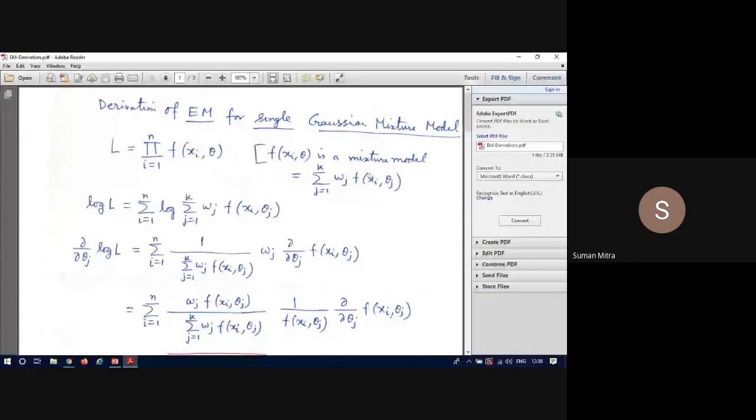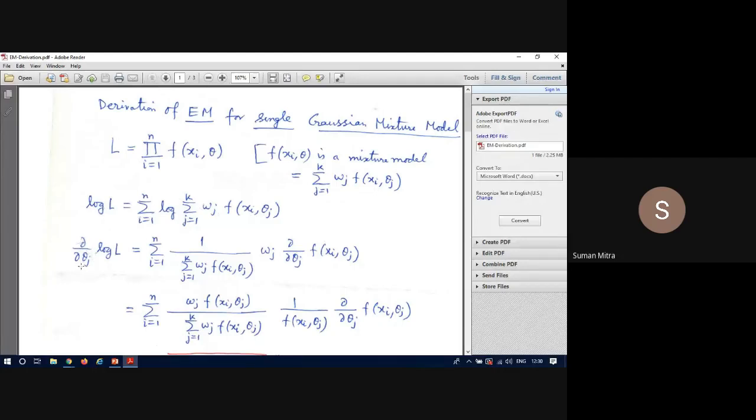Because we already indicated xi as my data. Okay. So now you take log of L. If you take log of L, summation i equal to 1 to n, log of f(xi, theta) is summation j equal to 1 to k wj f(xi, theta j). So who is the unknown? Theta j is the unknown. So we have to take the derivative with respect to theta j.